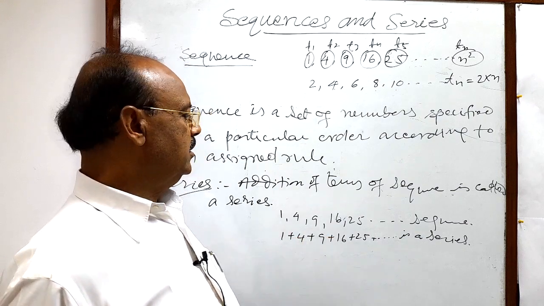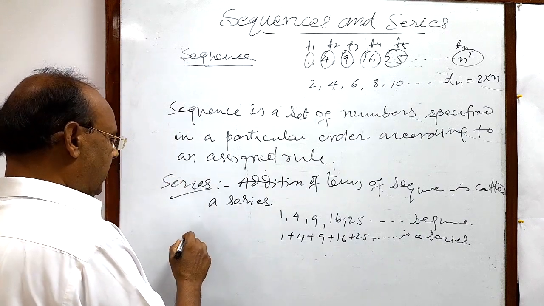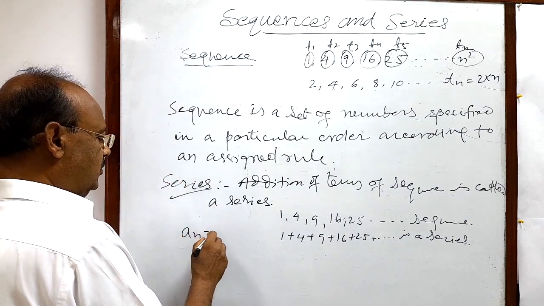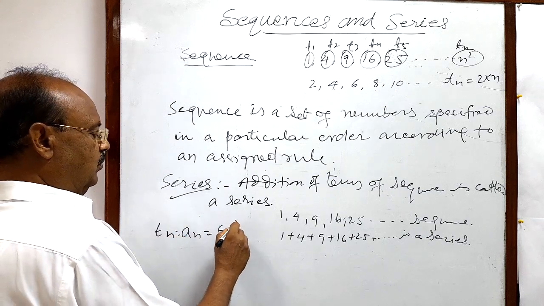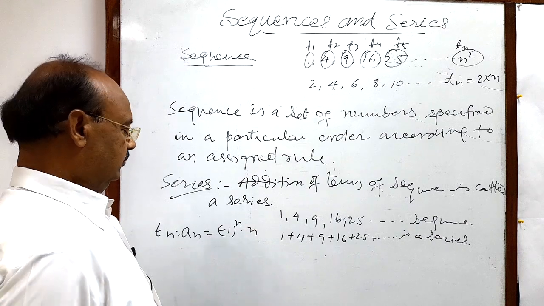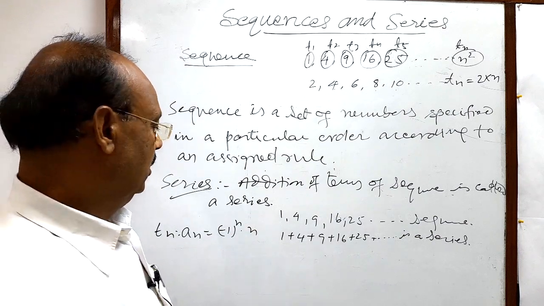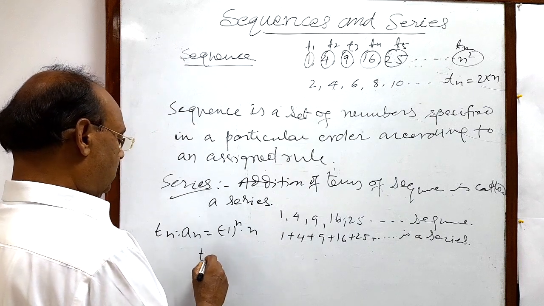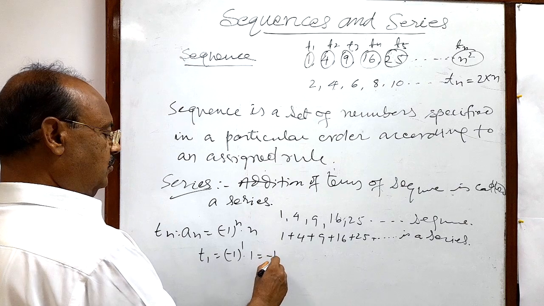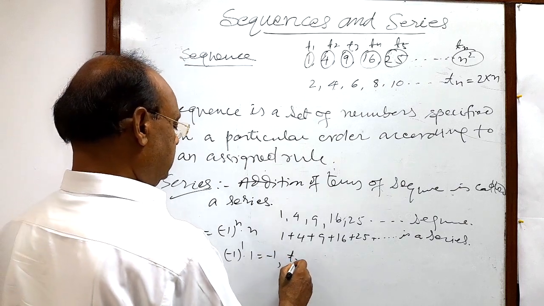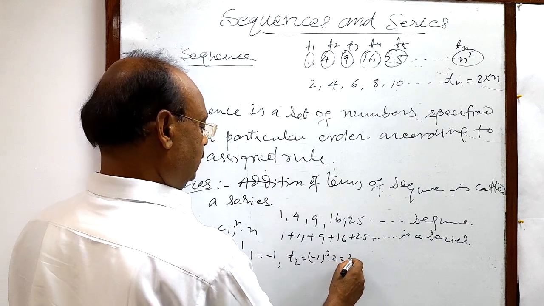Okay, let us make an example. Suppose we write the nth term Tn like this: minus 1 to the power n into n. Then how to get the sequence? Here the first term T1 will be minus 1 to the power 1 into 1. This is equal to minus 1. Similarly, the second term will be minus 1 square into 2, which is equal to 2.